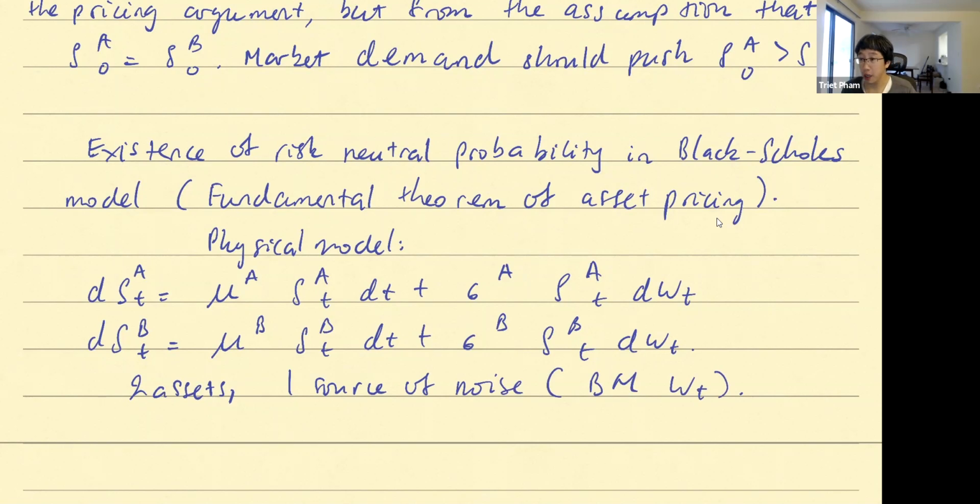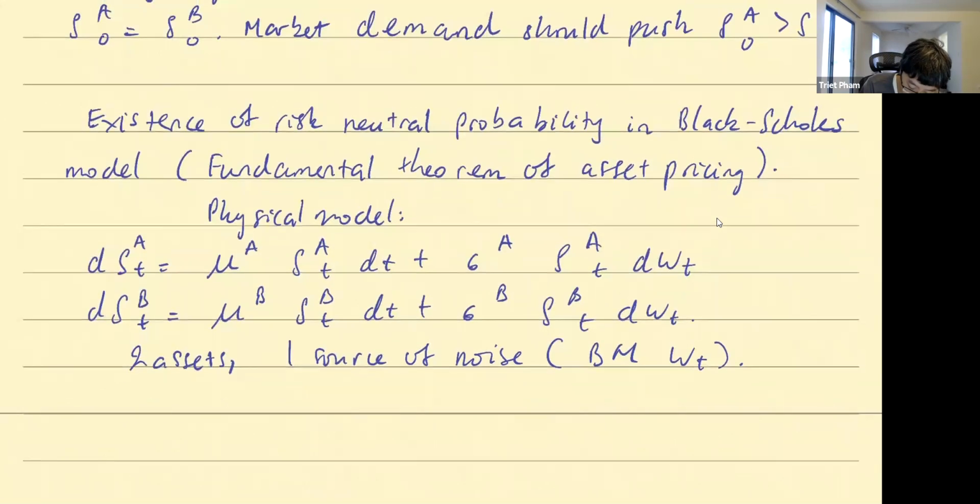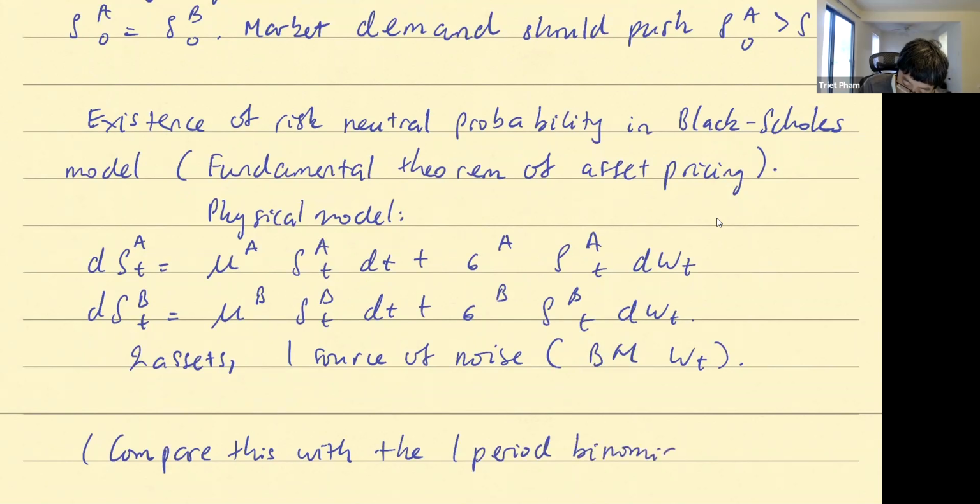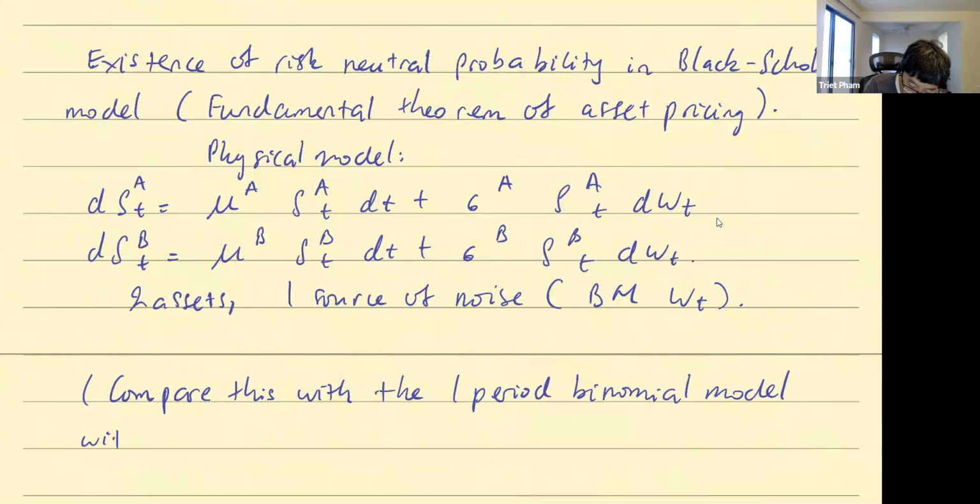And this should remind you of the case of the one period binomial model with two assets.